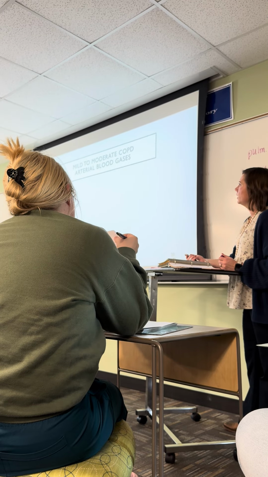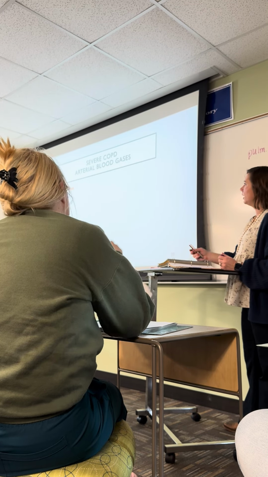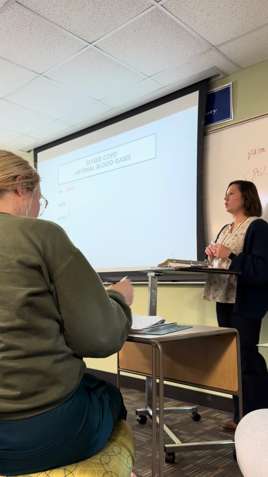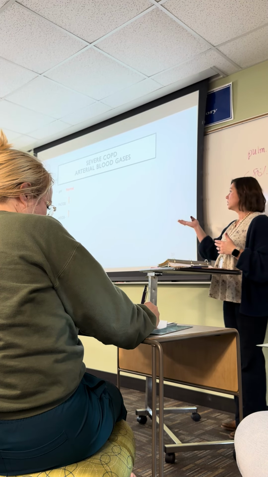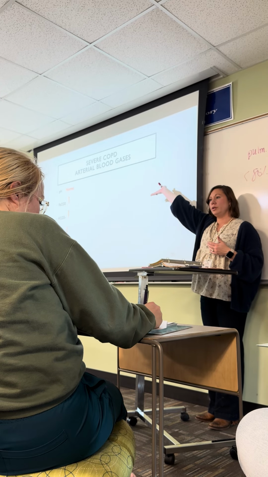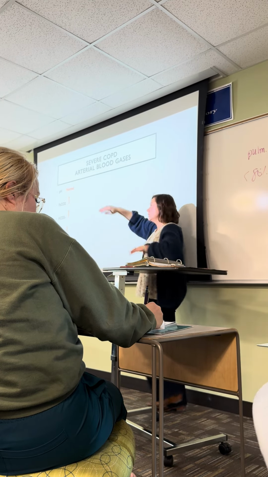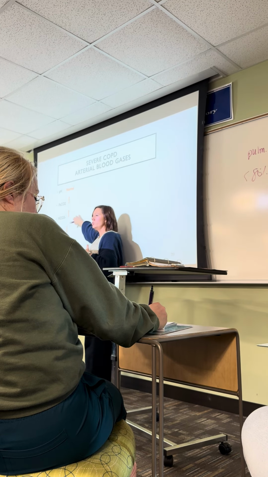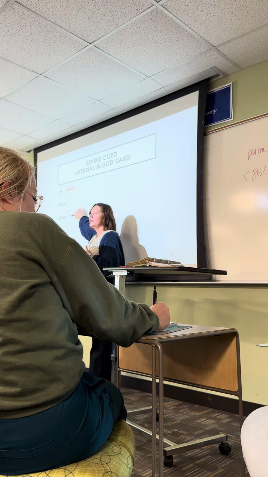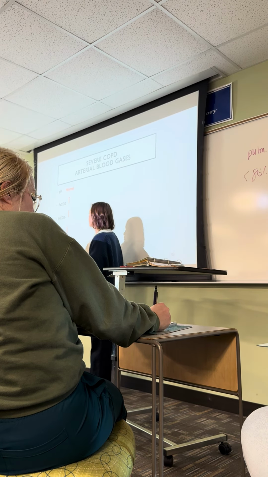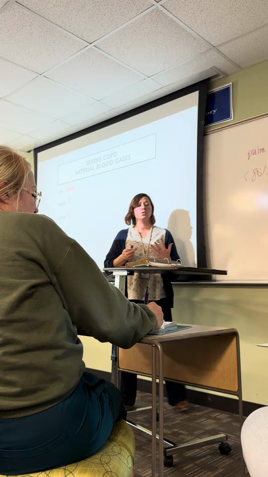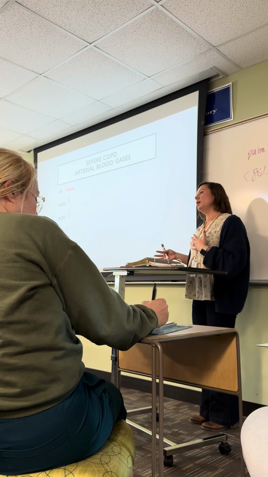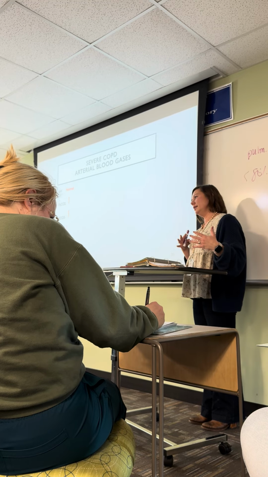I do expect you guys to understand that our COPD patients have elevated CO2, and that usually the pH will normalize, high CO2 and high bicarbonate, okay? That is very characteristic of our COPD patients. And if their pH is normal, it's usually like 7.38. It's on that acidotic side.